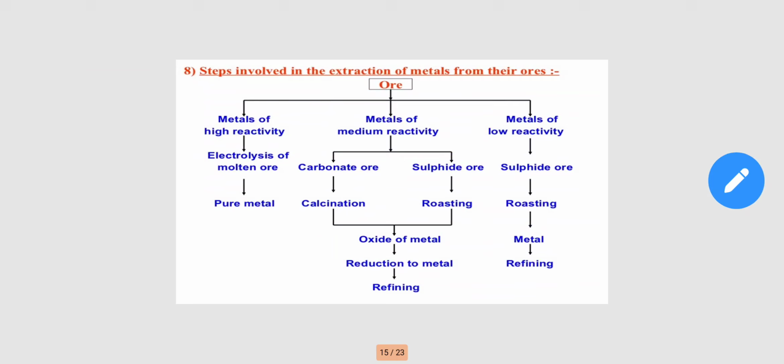Steps involved in the extraction of metals from their oxides. You can remember: metals of medium reactivity occur as carbonate or sulfide ore. The carbonate ore undergoes calcination and gives the oxide form of the metal, and the sulfide ore undergoes roasting and gives the metal oxide. All the metal oxides are then reduced to the metal and refined. Metals of low reactivity occur in sulfide form, then roasting, and then metal refining.